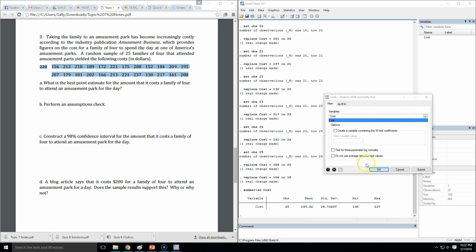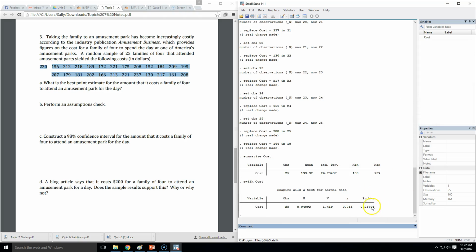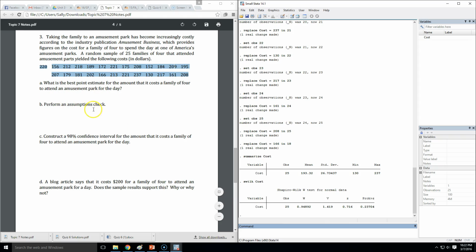So cost, okay. So the p-value for normality on this is 0.2370, which is higher than that cutoff of 0.05. So we would have the normality assumption pass here, not the sample size part of it, but it's one or the other. So as long as one of those passes, then they are both okay.